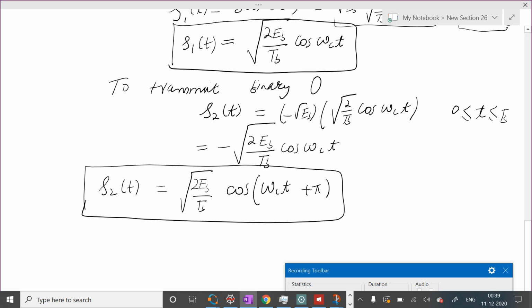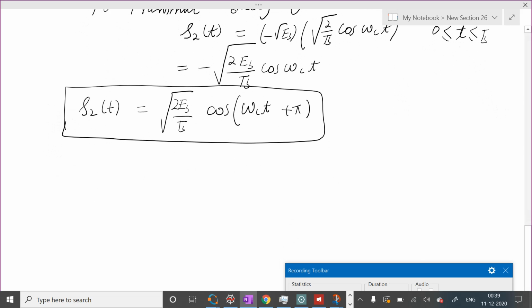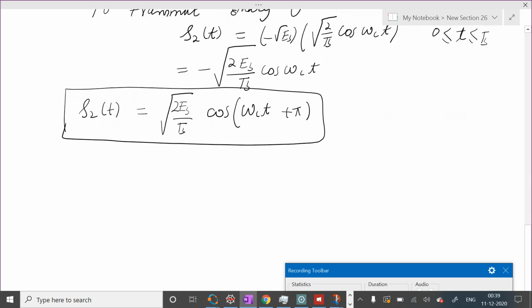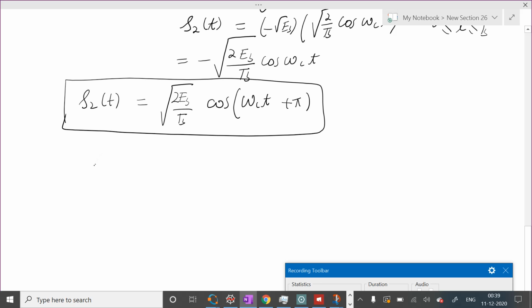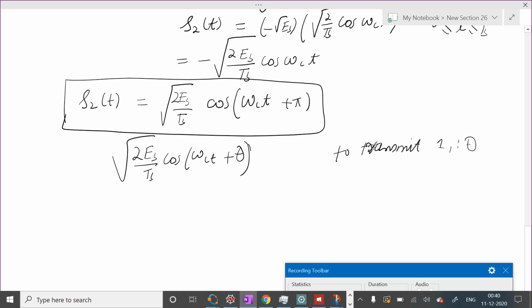So in other words, what we are actually doing is, to transmit binary 1, suppose we have a signal under root of 2 Eb by Tb cos of omega_c t plus theta. Suppose this is our signal. To transmit 1, you select theta to be 0.